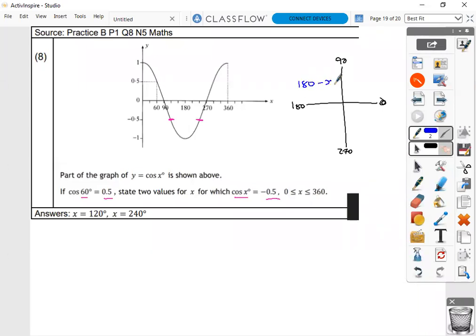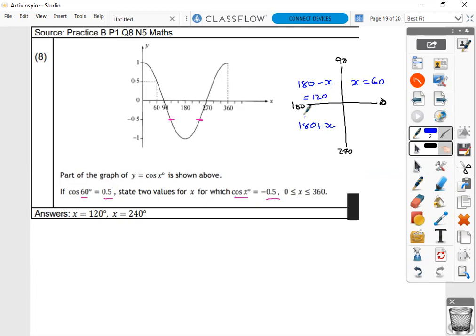180 minus x and 180 plus x. So you're trying to figure out where that's going to be negative 0.5. If cos 60 equals 0.5, so if x equals 60 in the first quadrant, in the second quadrant it will be 180 minus 60, so again 120.